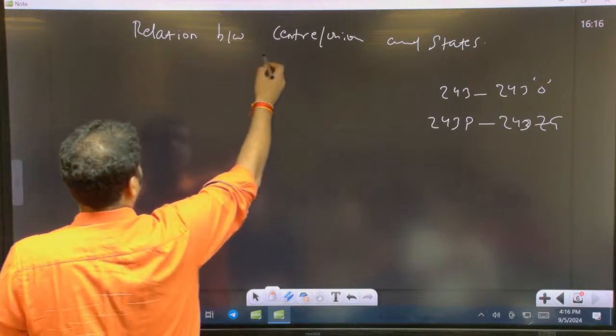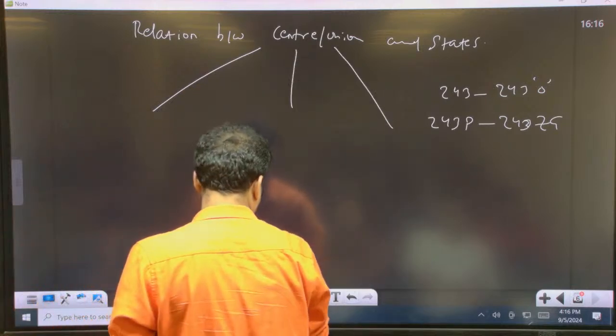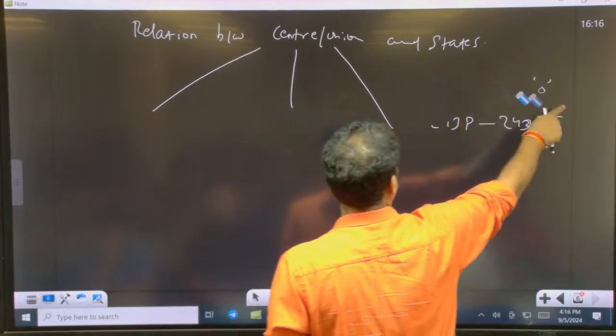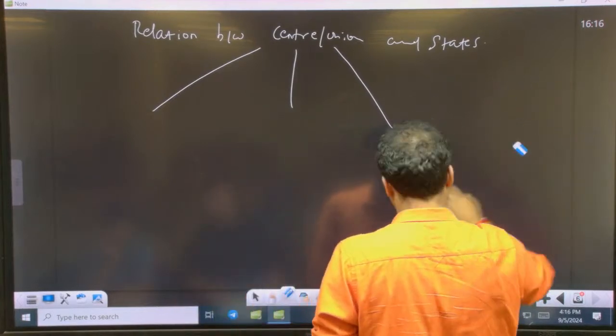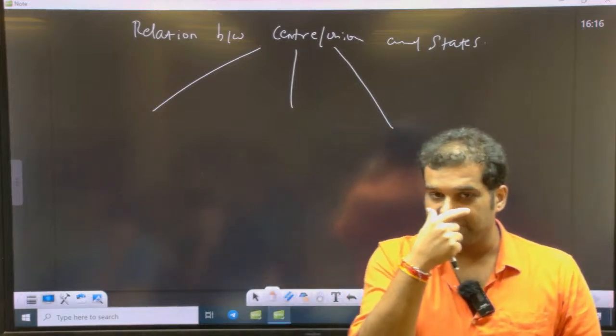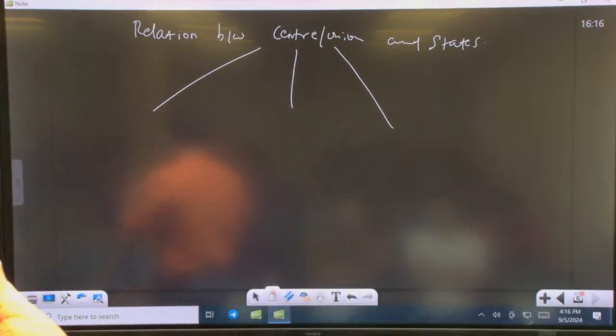Now, part 11, relation between center and union and states. Don't you think for the smooth day-to-day functioning of the country, the relations between this union and state must be harmonious? Yes or no? They must be well oiled.